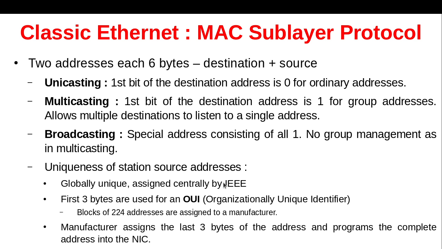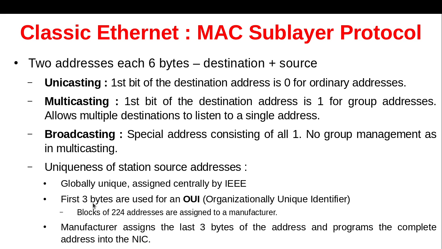Here, out of the 6 bytes, the first 3 bytes are used for the OUI, the organizationally unique identifier, where each manufacturer of computers is assigned a unique identifier with those 3 bytes. So blocks of 3 bytes, that means 2 raised to 24 addresses.